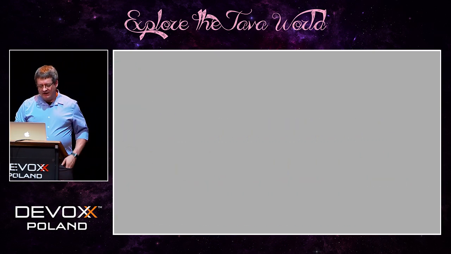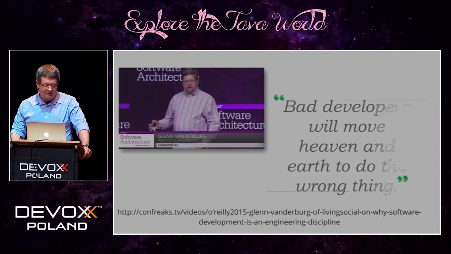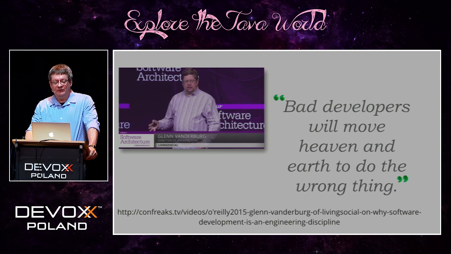The last piece of advice I will give you, Glenn Vanderburg's a fantastic architect, and there's a great video of him doing this keynote on software engineering, and he has a great quote, that bad developers will move heaven and earth to do the wrong thing.